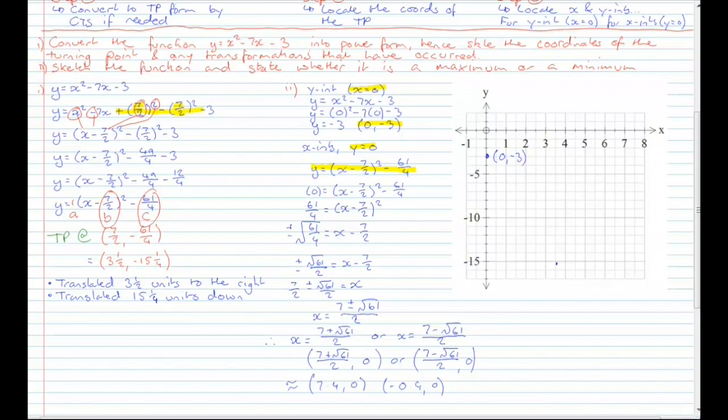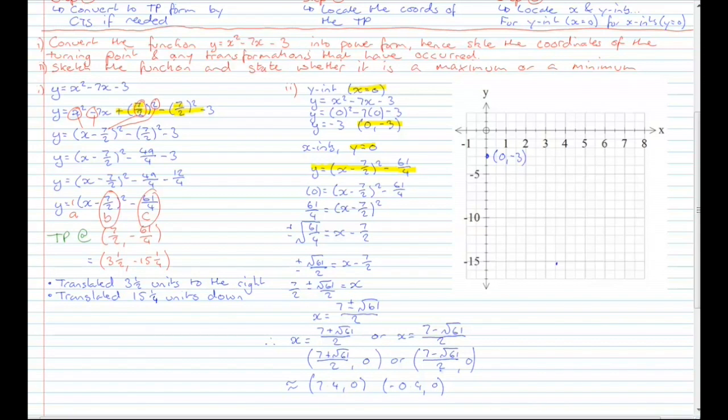Putting them over the common denominator of 2, what you can see is I get 7 plus or minus root 61 on 2. And now I've broken it up into the two terms, so you get 7 plus root 61 on 2, or 7 minus root 61 on 2. Now that as a coordinate is 7 plus root 61 on 2, comma 0, and 7 minus root 61 on 2, comma 0.